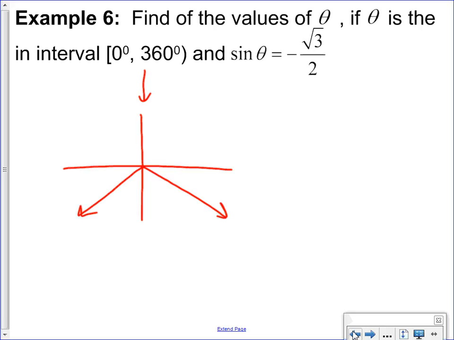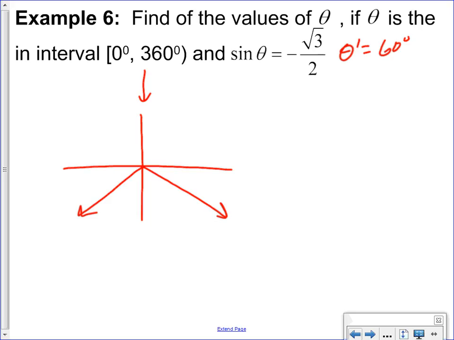Now, what is the reference angle if sine is root 3 over 2? Is it 60 or 30? 60. So this means my reference angle has to be 60 degrees because 60 gives me a sine of root 3 over 2.